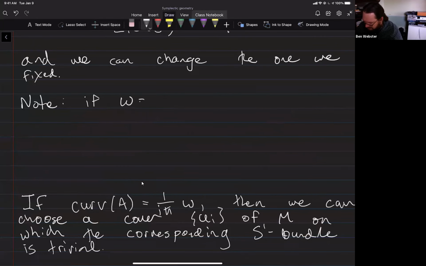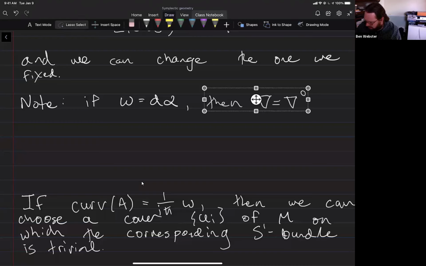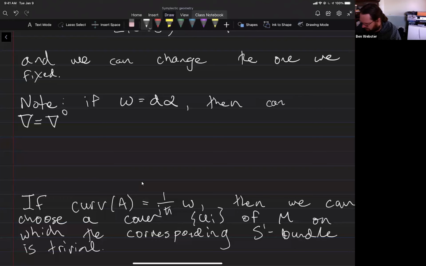If the symplectic form is exact, then this is easy to do. Then I can define the connection whose covariant derivative is the usual covariant derivative. You'll sometimes see people write this as d/dx. I didn't give myself enough space. Let me just erase this and I'll try again.